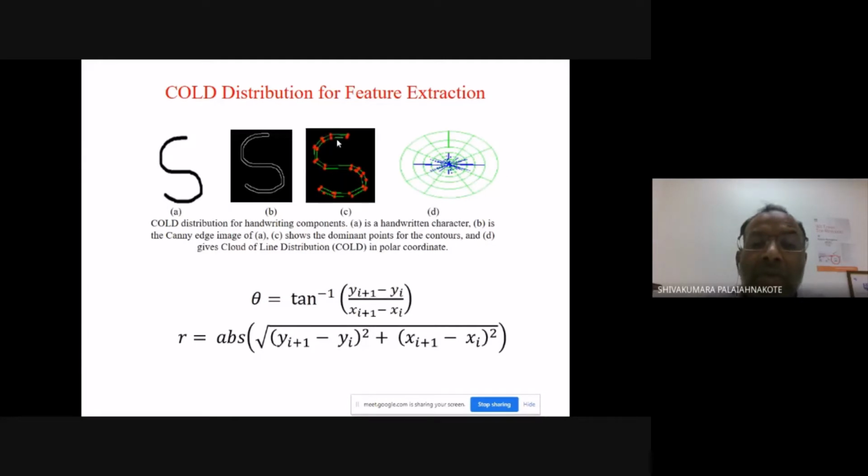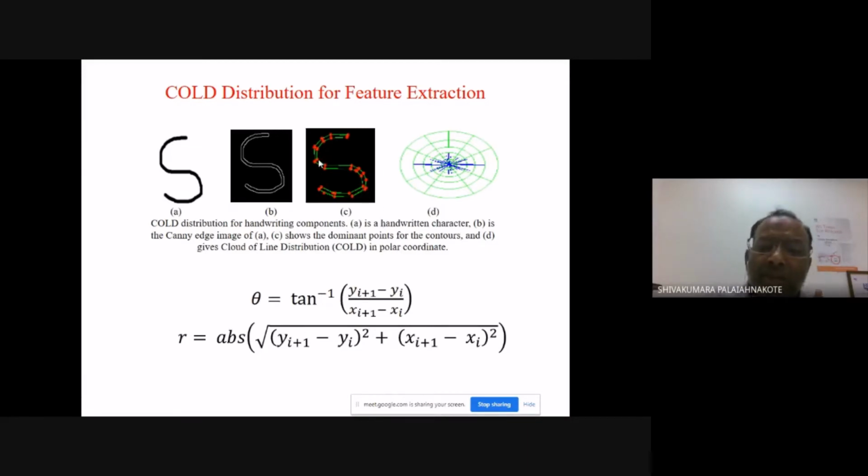If you have just a few points, you cannot understand the shape of the character. Even more points are of no use. Why? Because more points means you are giving so many straight points, and more curvature, again, you will lose some information. That is the idea here.